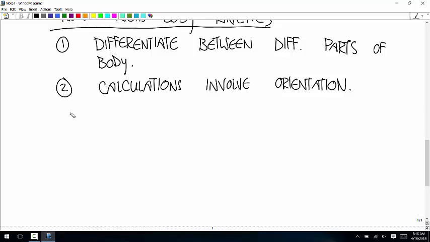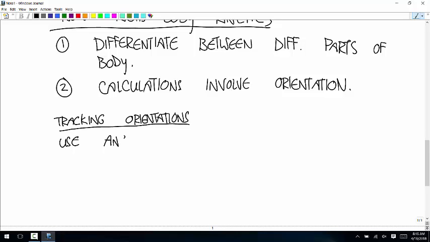So for tracking orientations, and that's going to be the main change now, we're going to use the same quantities that we used in circular motion. So we're going to use the angular quantities.